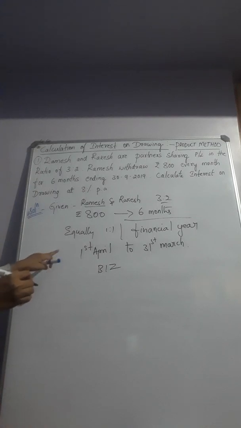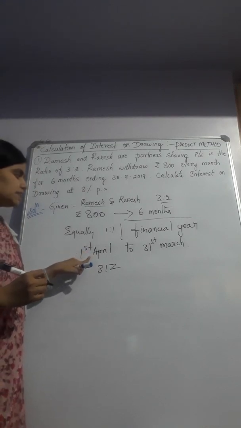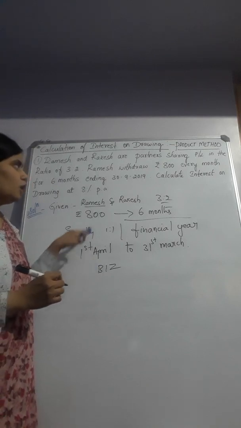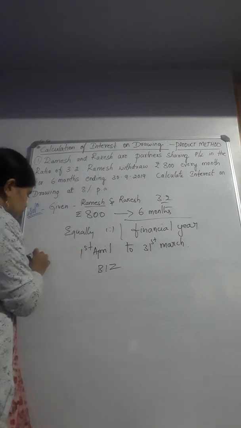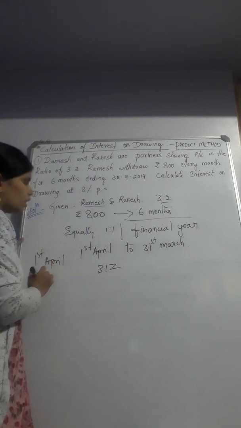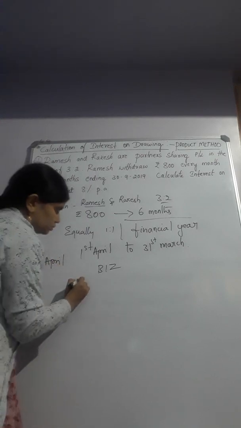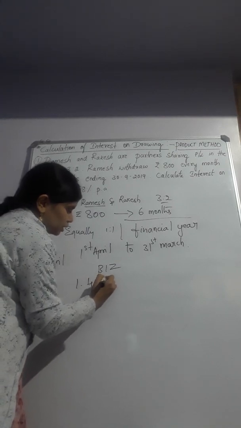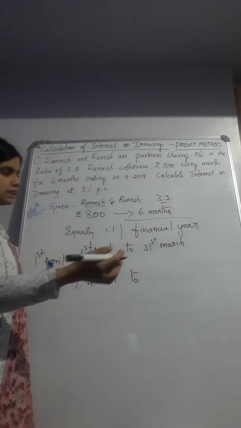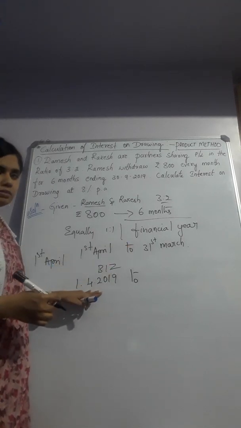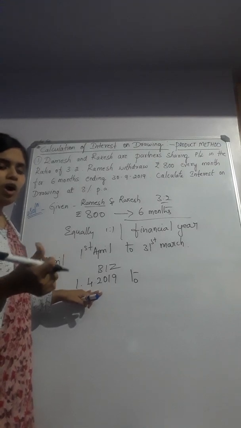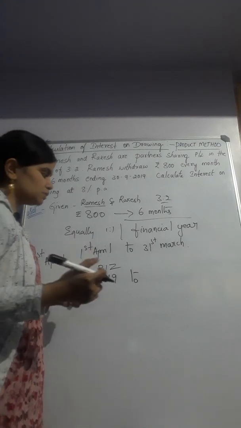Now what is the starting period of the withdrawing of the amount? Here it is 1st April, starting from 1/4/2019 for 6 months: April, May, June, July, August, September. 6 months, no?